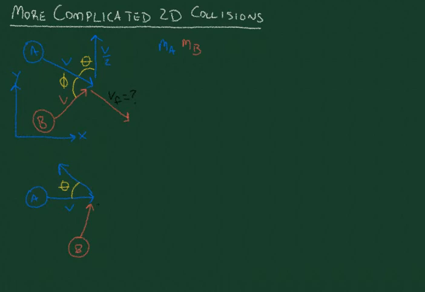So we just have to draw it coming off at two different angles and draw our angle phi between A and B. And again, we know this is also V, and this is V over 2. So notice I had the original drawing, but I redrew it because now, since I'm free to do this, I changed my reference frame, so now x is pointed in the same direction as the initial velocity of A.